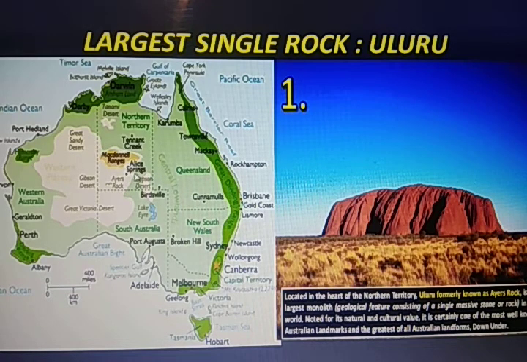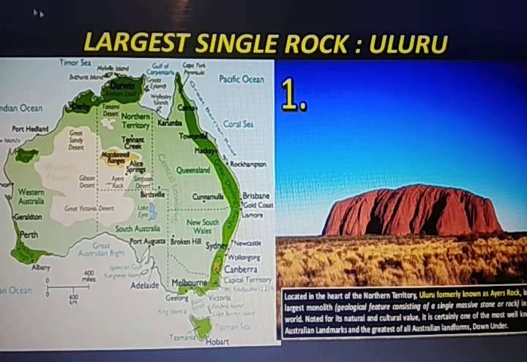Here we find Alice Springs, and in between you will find Ayers Rock, or Uluru. This is the biggest rock you are seeing. It is also known as Ayers Rock, and it is the largest geological feature in a single massive form. It is a well-known Australian landmark and the greatest of all Australian landforms.